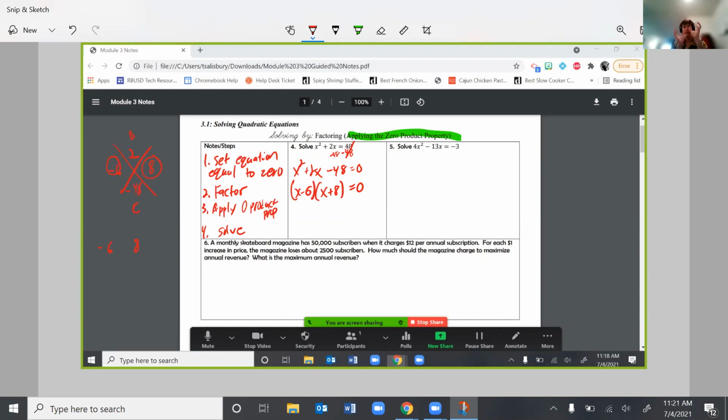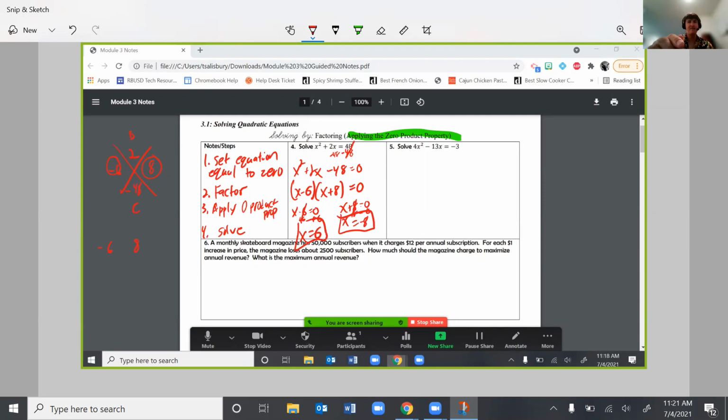Setting these equal means one or both of these groupings has to equal 0. So we say x minus 6 equals 0 and x plus 8 equals 0. When I add 6 on both sides of the first equation, I get x is equal to 6. When I subtract 8 on the other, I get x is equal to negative 8. Those are my two solutions to this problem.